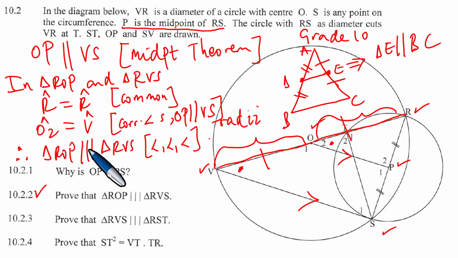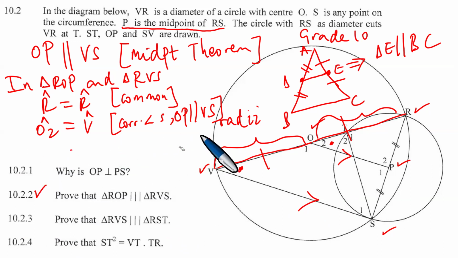So this is what we have. Okay, so we have those particular angles there. We've seen that angle O2 is equal to V. Angle R is equal to angle R, but we can also state this one here. Somebody's going to say, but you mentioned 2 points.